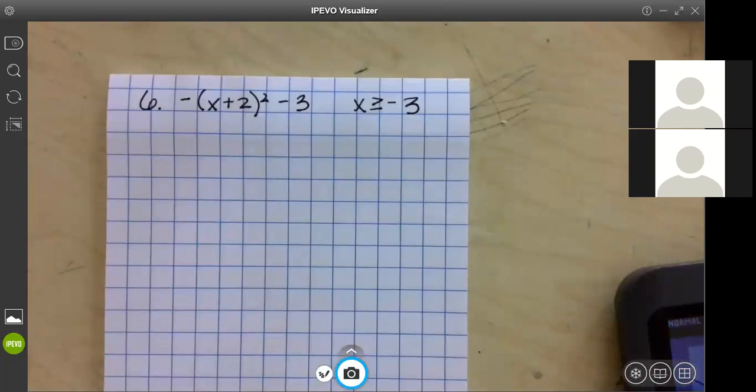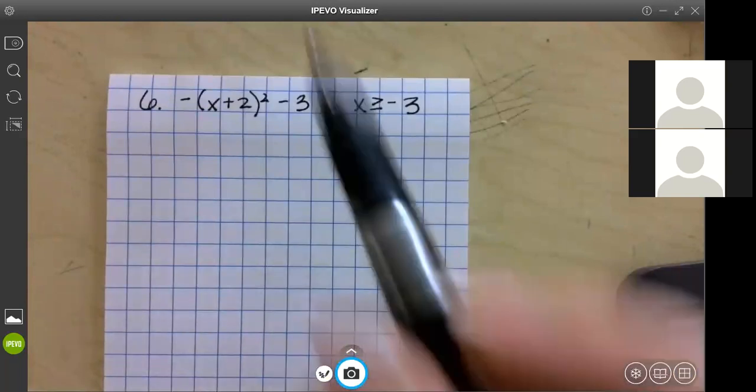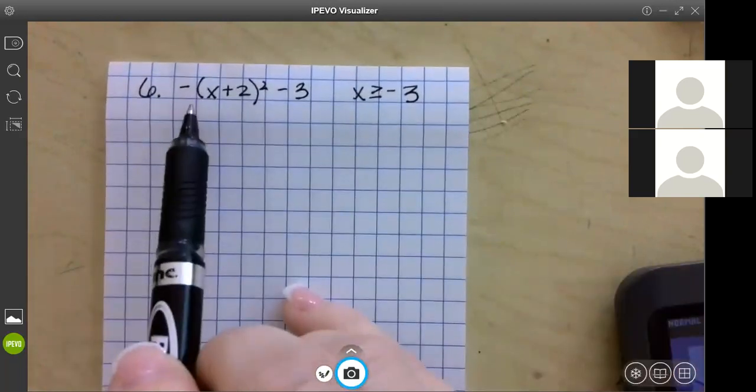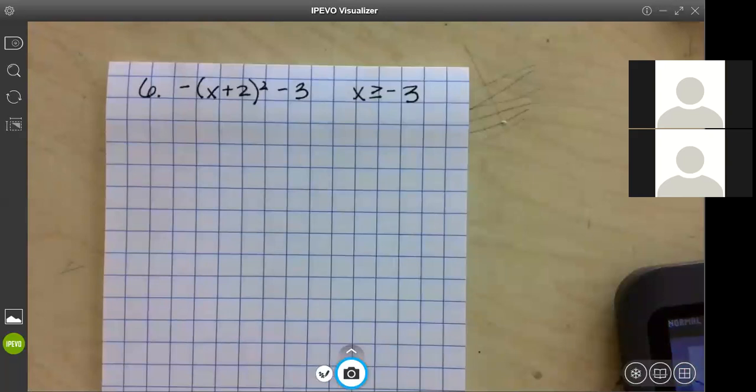Do I have a reflection on this? Yes. What reflection do I have if it's in the front? It's opposite of what you think. Remember, if the negative is with x, that's a y. If it's on the front, it's an x.